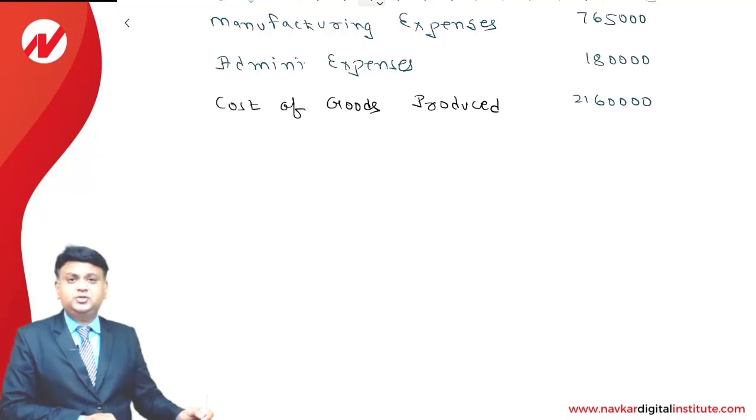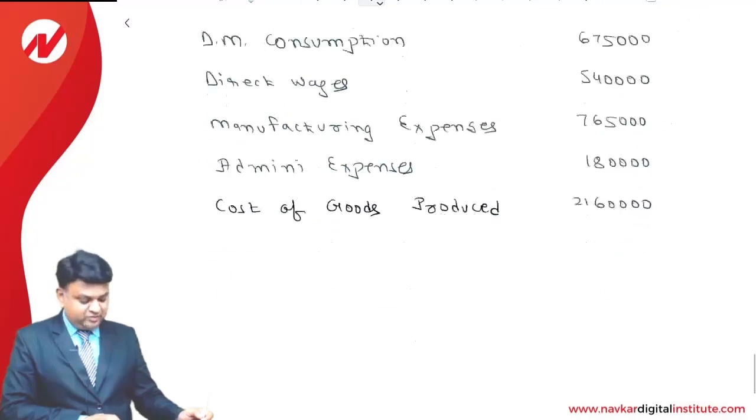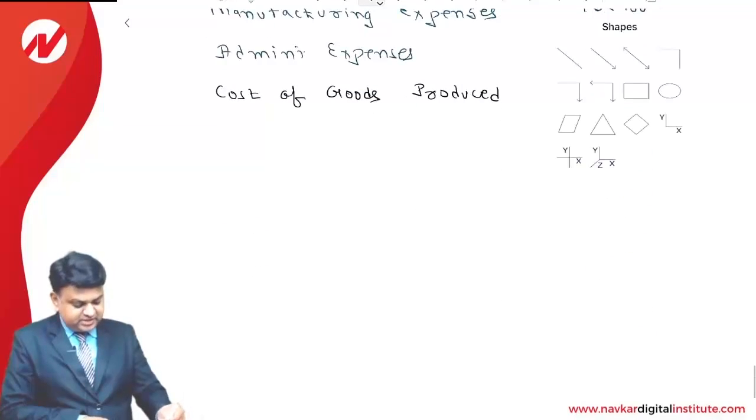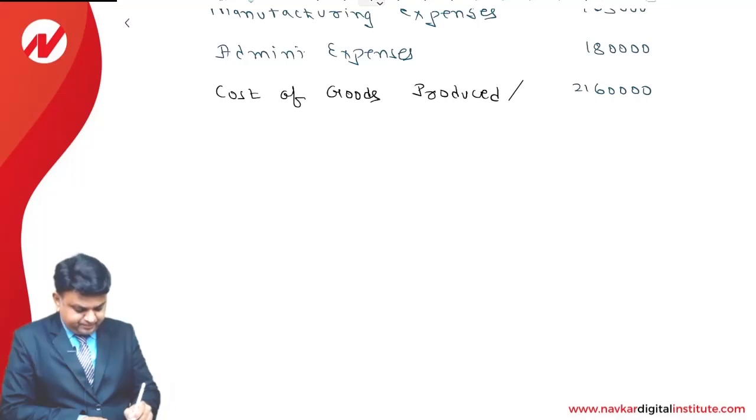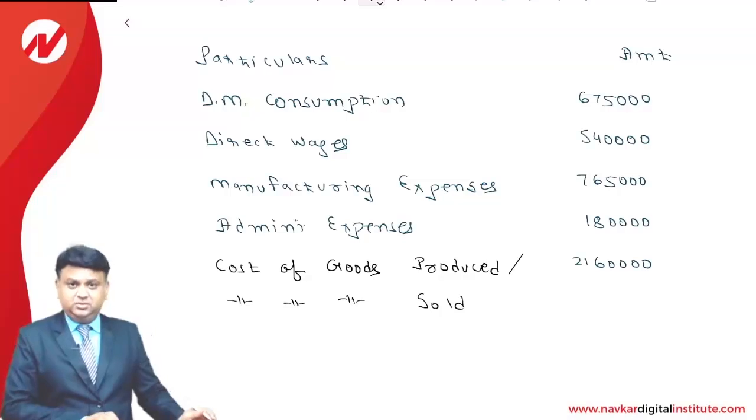Now the opening finished goods is added and closing finished goods is deducted. However, for a going concern, we have an assumption that opening and closing are the same. So whatever is the cost of goods produced itself is the cost of goods sold. Cost of goods sold, again, is an amount of 21,60,000.